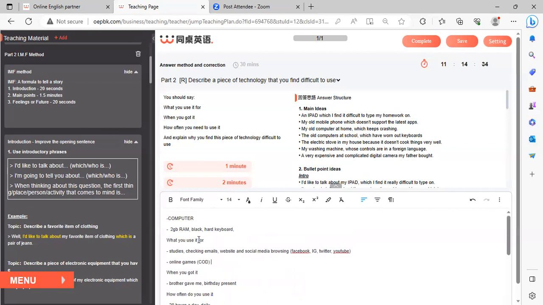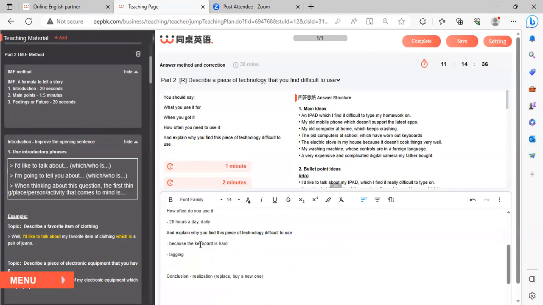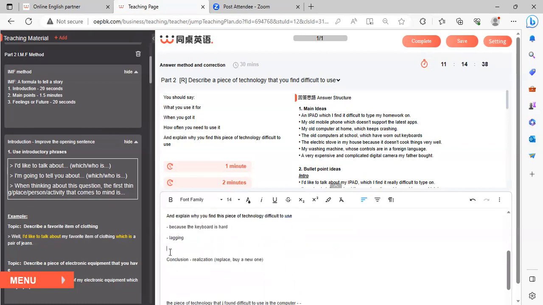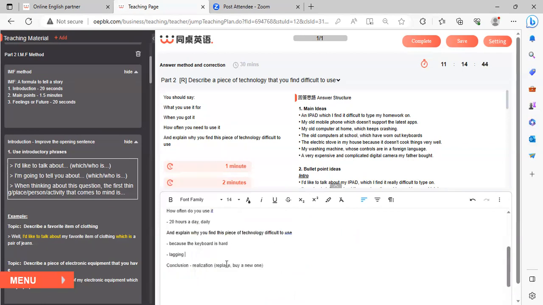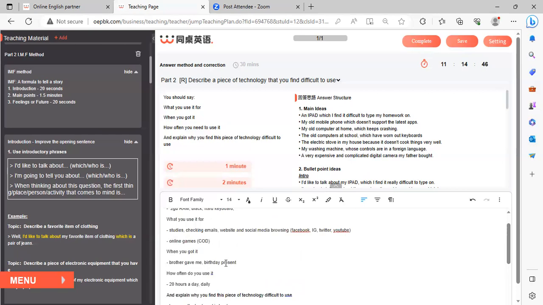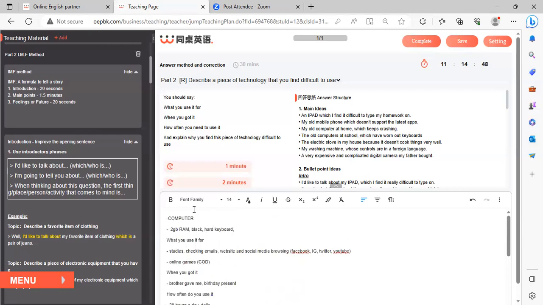Now, for one minute, you take down these notes, so that you have something to say within the two minutes. Do you got it? Yes, ma'am. This is how you teach your student what to prepare for one minute. The student should answer the question and describe thoroughly, noting the main points.